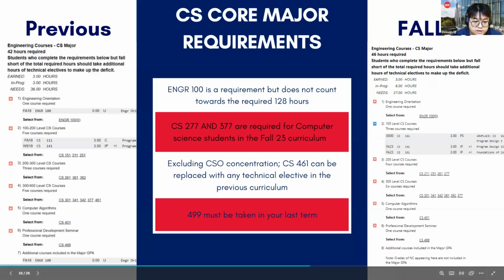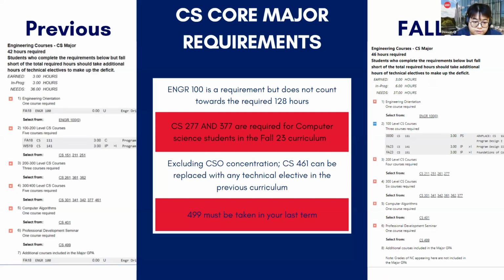And next, we're going to talk about computer science core major requirements. Engineering 100 is a requirement for all College of Engineering majors, but does not count towards the required graduation hours. As mentioned earlier, CS majors will see a different set of requirements based on their curriculum year. CS 277 is only a requirement for the fall 2023 curriculum, but CS 377 is still required for both.